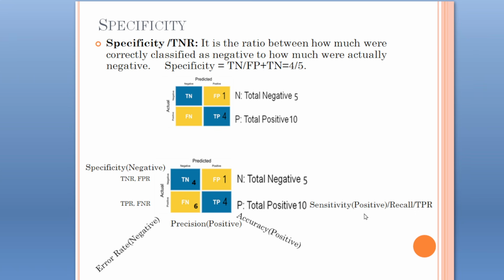Then sensitivity is calculated for positive cases. So the sensitivity formula is TP divided by FN plus TP. Next is precision, which is calculated for positive. So precision is TP divided by FP plus TP, because it is written at this place. That means we have to add these two numbers. If any formula is written here, that means we have to add horizontally.